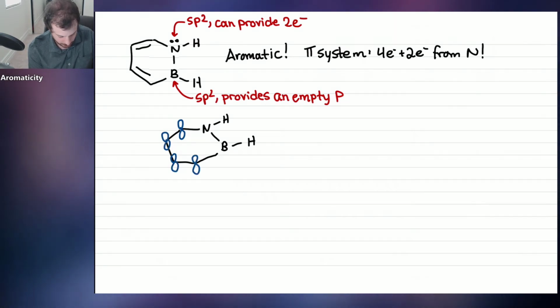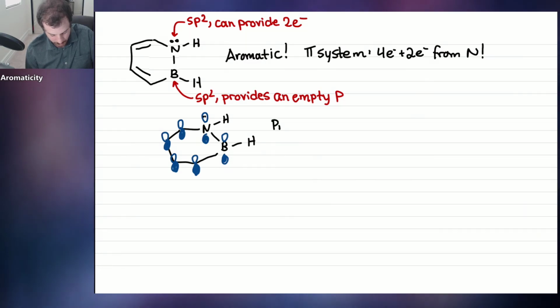Draw our little p orbitals, one on boron, one on nitrogen. And we can see that the nitrogen's going to put the lone pair in the p orbital so that it can contribute towards the overall count of the ring, increasing the total count from 4 to 6.